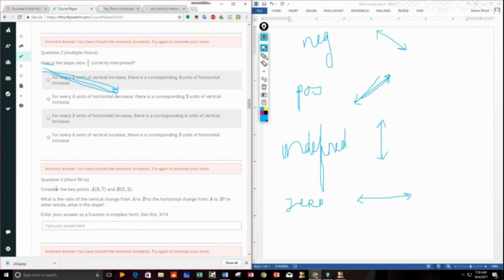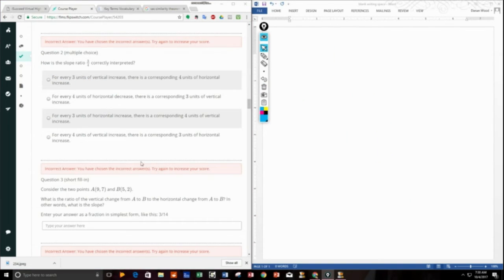Okay, consider the two points A(9, 7) and B(5, 2). What is the ratio of the vertical change from A to B to the horizontal change from A to B? In other words, what is the slope? Yep, the slope is the vertical change or vertical distance compared to the horizontal change or horizontal distance. So our slope, what is our vertical distance? Well, vertical is represented by the y-axis. So I'm looking at the y change or y distance.